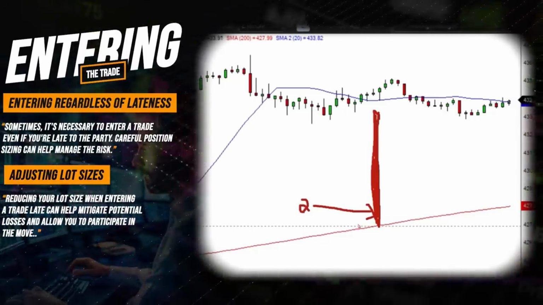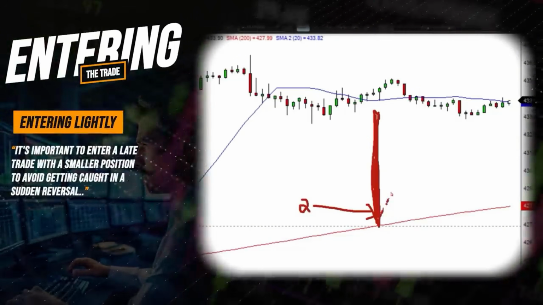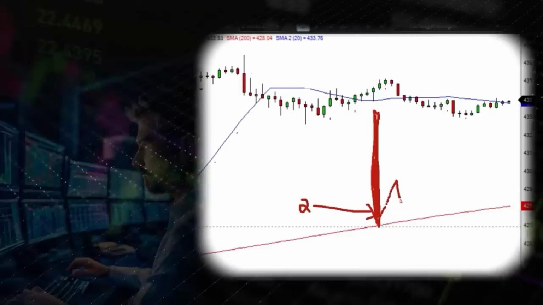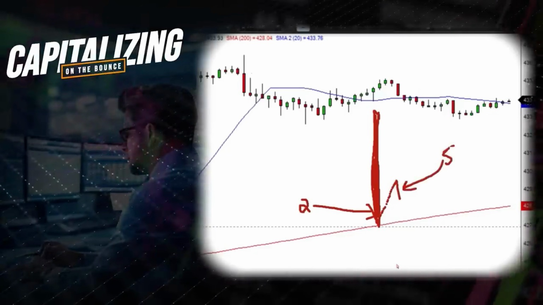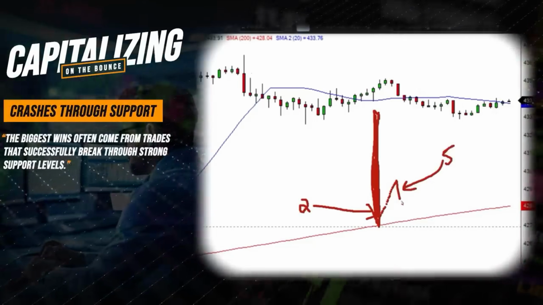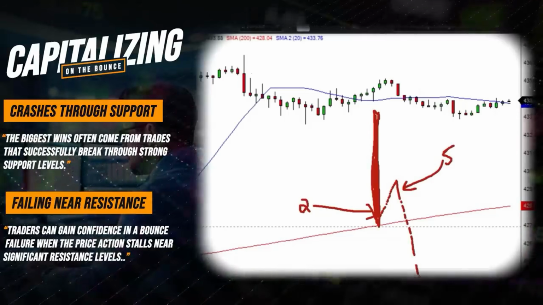And I'm going to get in small because the real play is the bounce and the color change right there. That's the real play. That's where I'm really going to hit it, looking for the crash through of support. So my biggest win is going to come on the bounce.